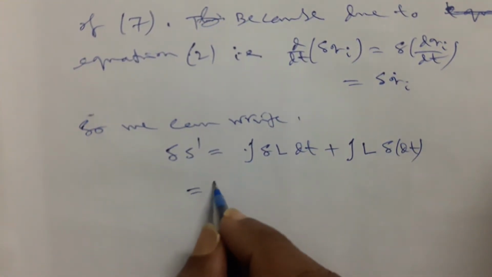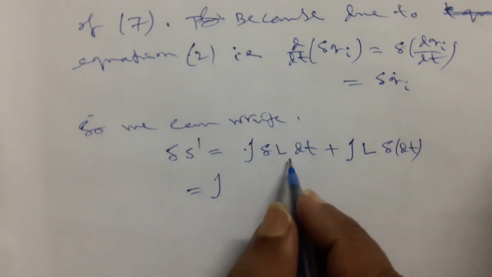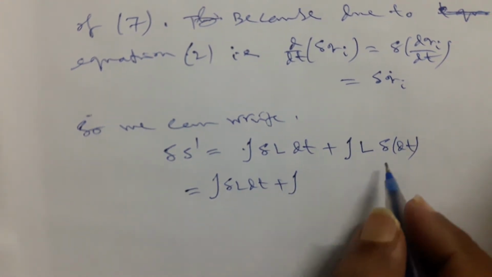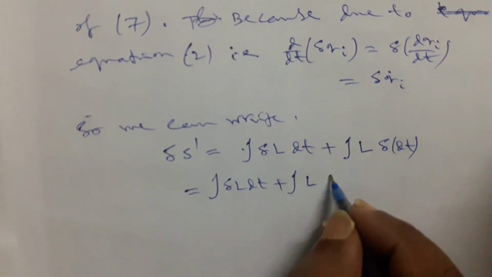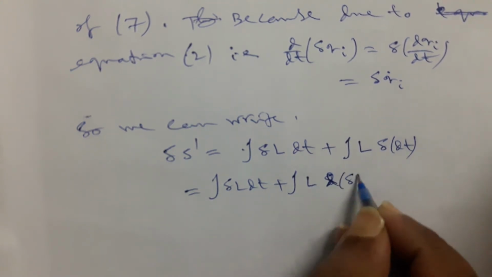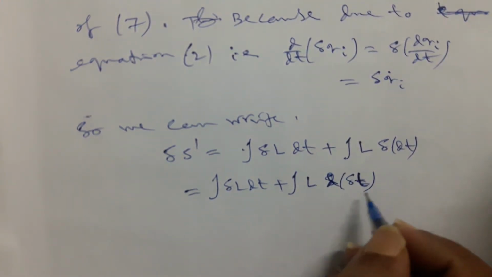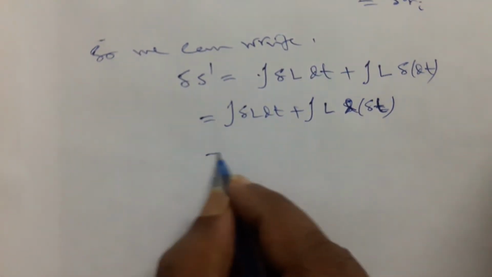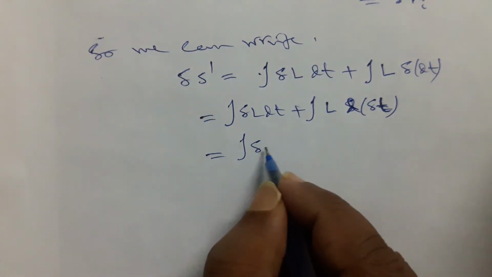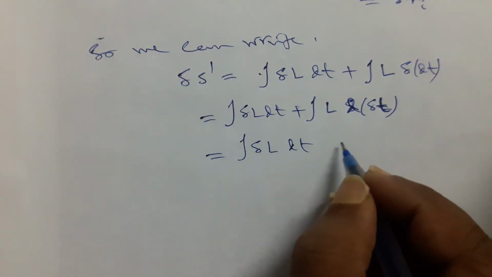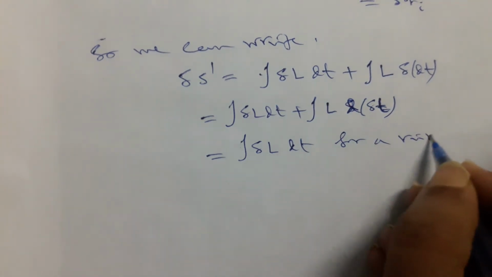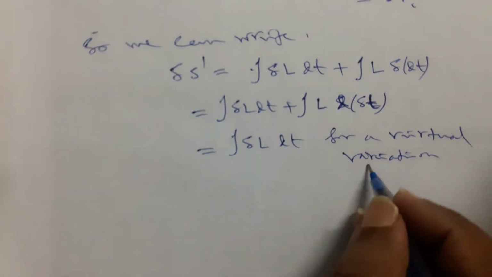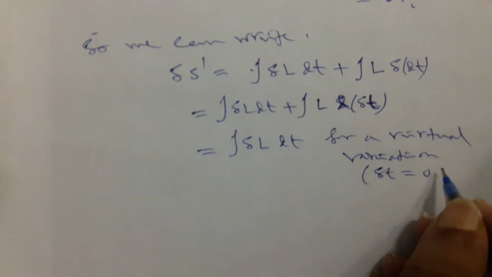But now using the commutative property, δ of dt means d of δt. So it will be the integral of L d δt, and for a virtual variation, that means δt equals 0.